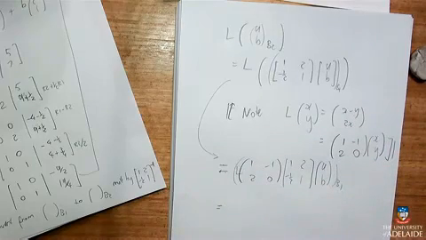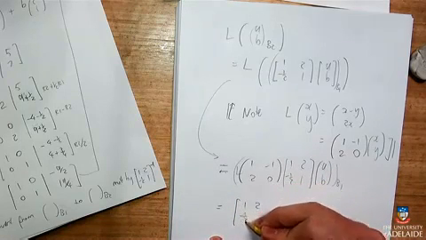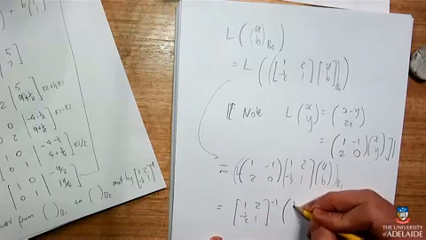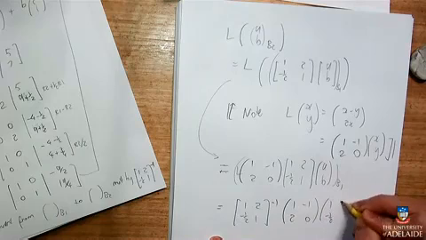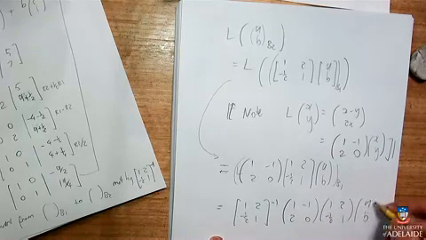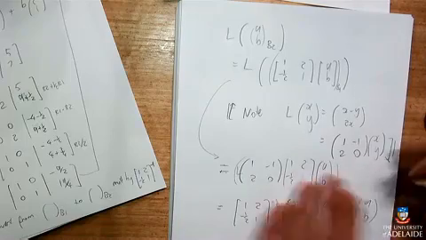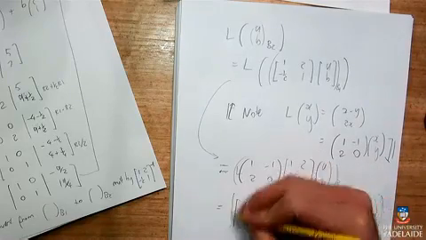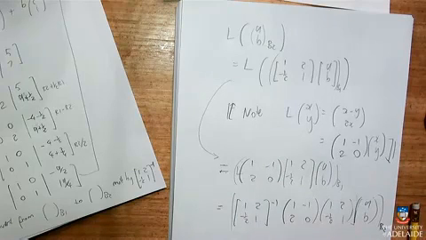But now I have to convert back to B2, and the way to convert back to B2 is to do the inverse of this matrix. So this is all in terms of B2 now. Sweet.